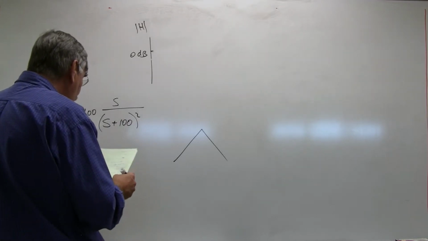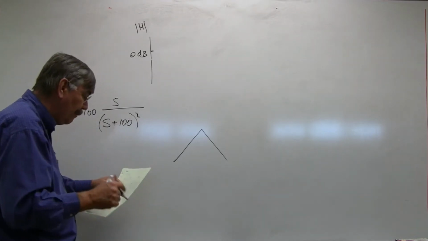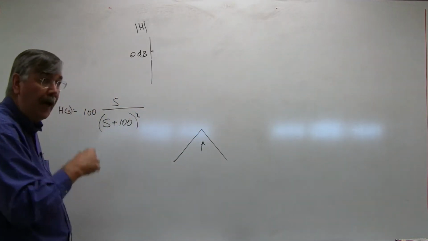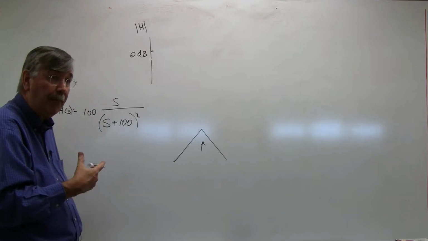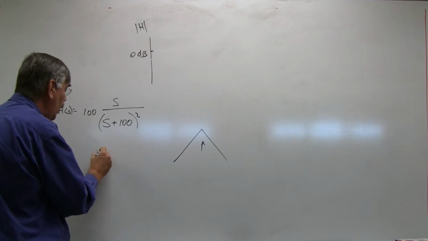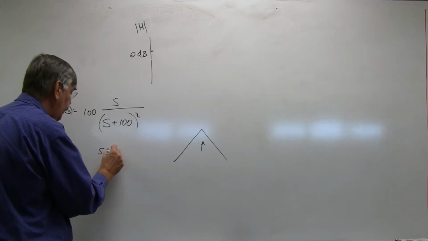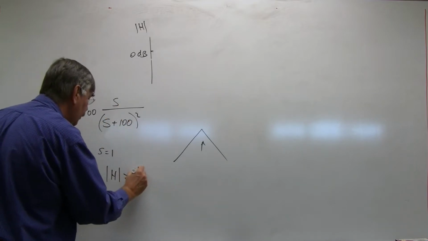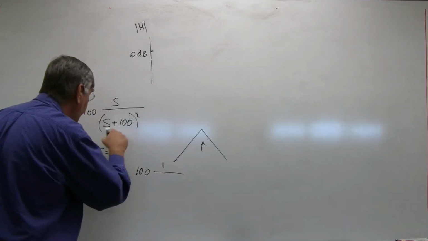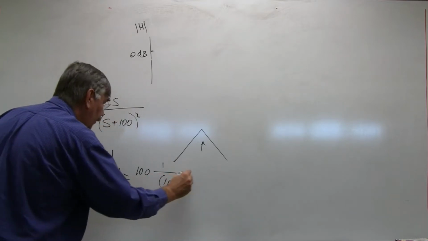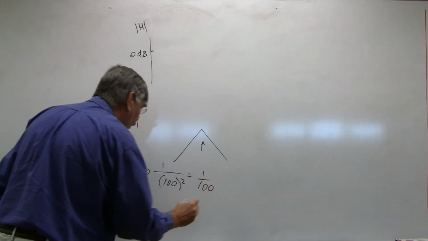So at this point, there's really nothing you can do except pick some value of s that's a long way from any poles or zeros, and just plug in s equals some number, and then approximate away. So if I say at s equals 1, or j or whatever, the magnitude of this H is approximately 100 times 1, divided by 100 squared, and so this thing is equal to 1/100th.